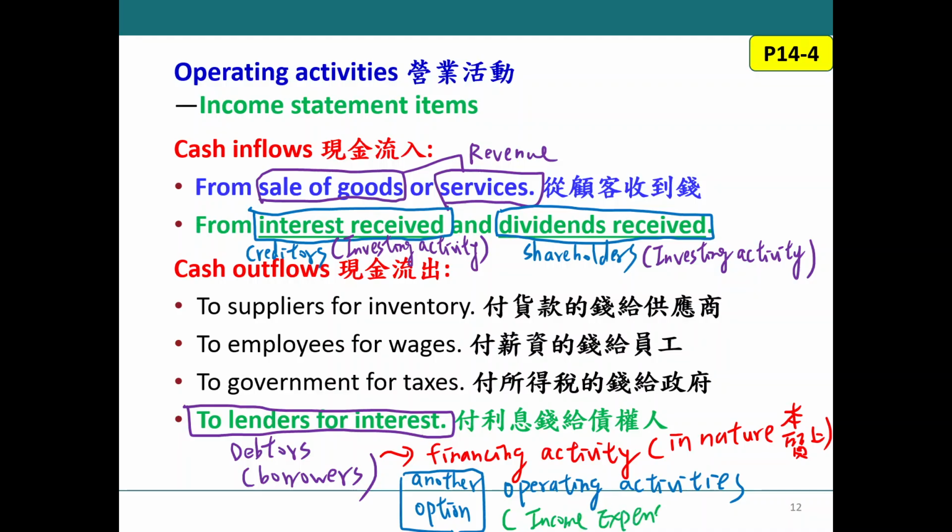Okay, because you could find interest expense on the income statement.